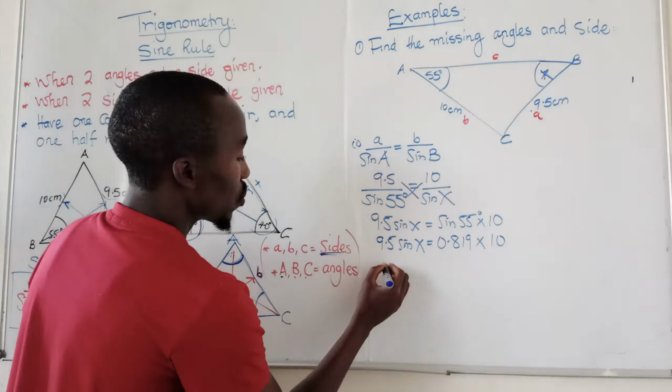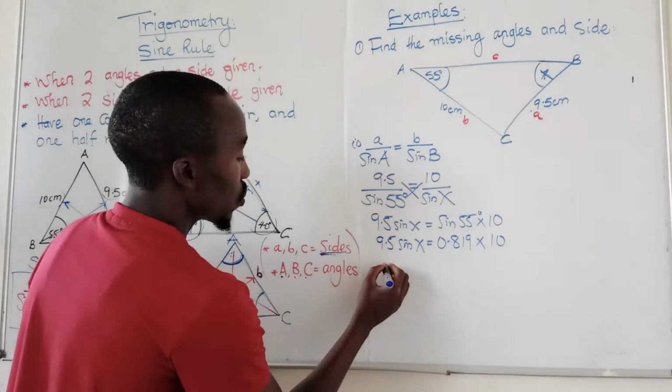So 9.5 sine X will be equal to 0.819 multiplied by 10, to give us 8.19.